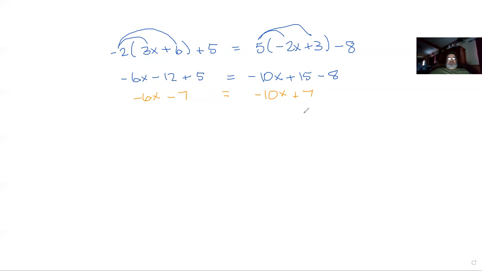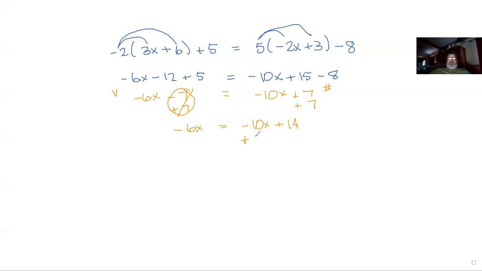Okay, so now we can start moving things around. So let's see here. We're going to add 7 to both sides. Those negate one another. So I'm left with -6x equals -10x plus 14. 7 and 7 gives us 14.